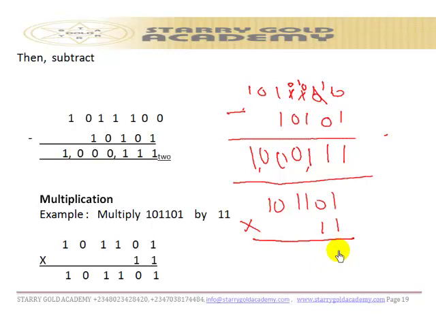I just write everything I see. So 1 times 1 is 1, 1 times 0 is 0, 1 times 1 is 1. The same thing but not in the same line. We have 1 times 1 is 1, 1 times 0 is 0, 1 times 1 is 1.